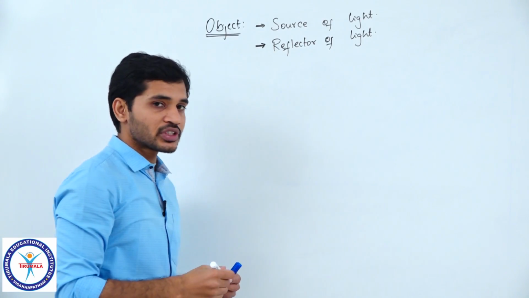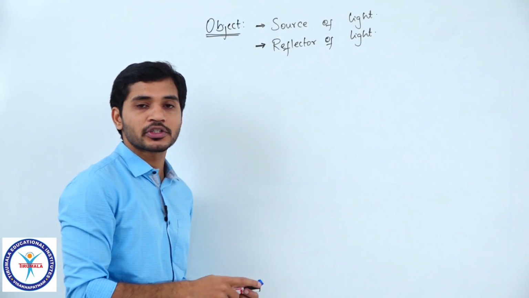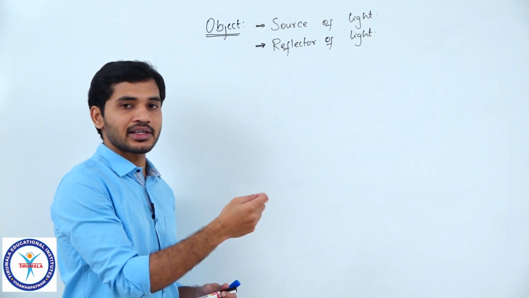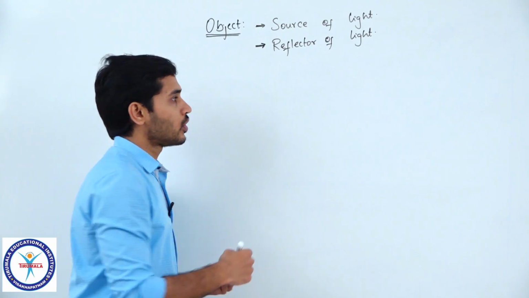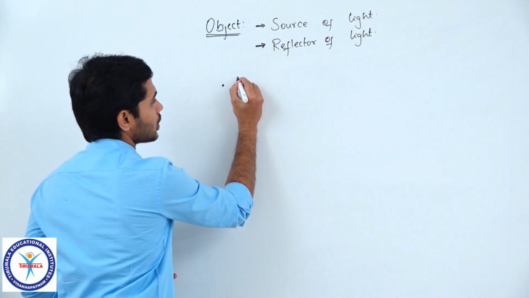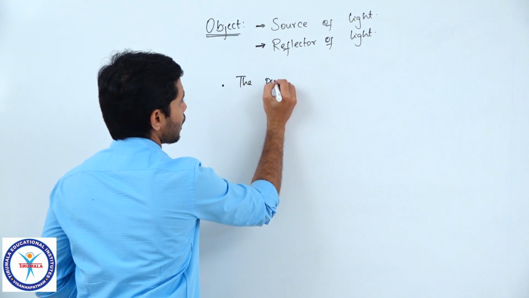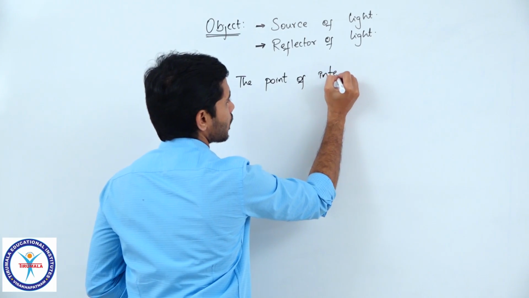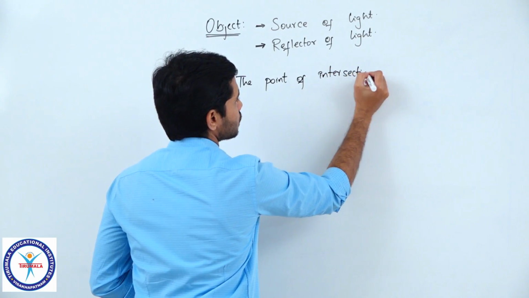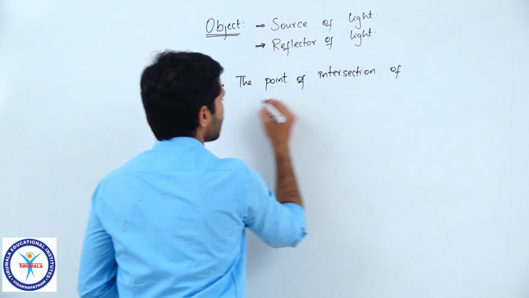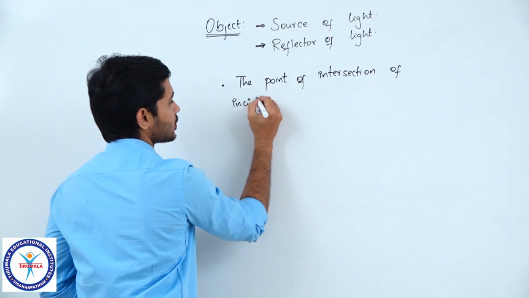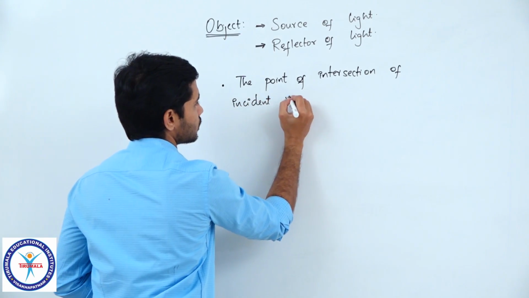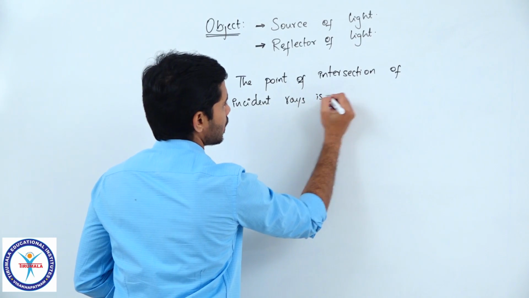Now, when we talk about object from the ray optics point of view, we have a slightly different definition which we will see now. We define it like this: the point of intersection of incident rays is called an object.